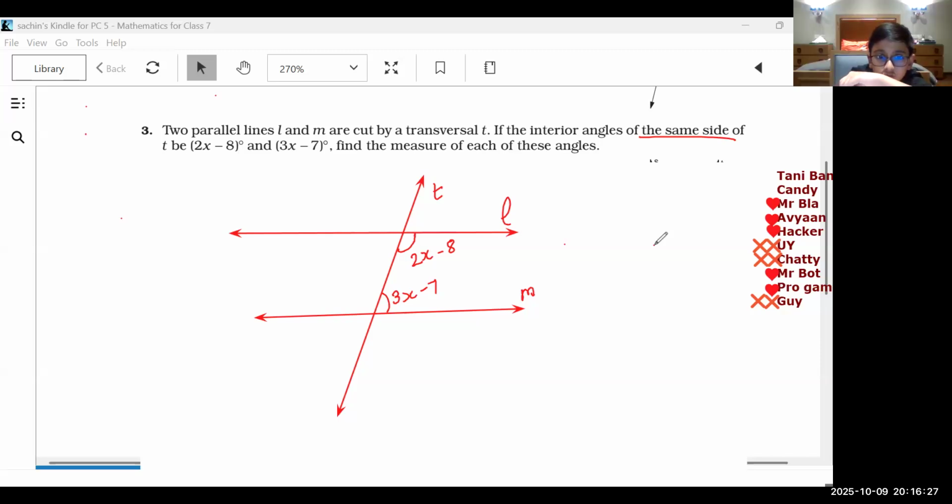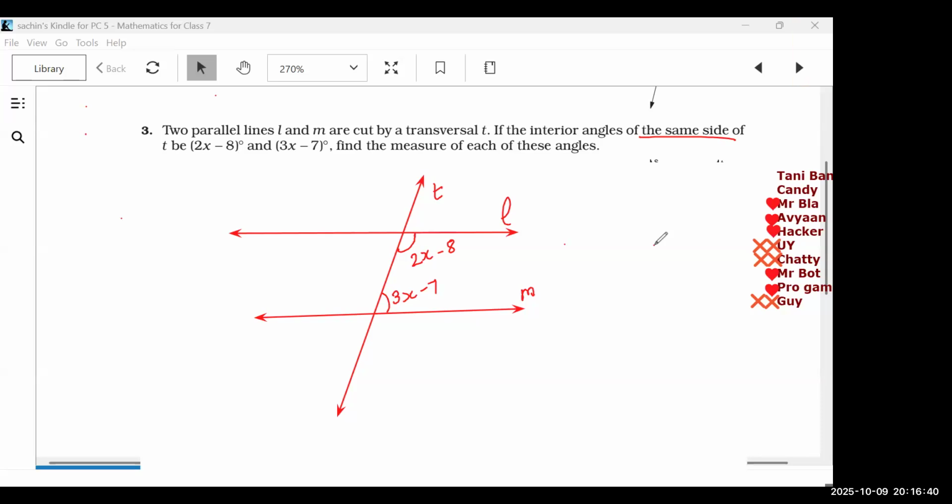Shouldn't the positions of 2x minus 8 and 3x minus 7 be switched? But it doesn't matter. The figures are not drawn to scale.